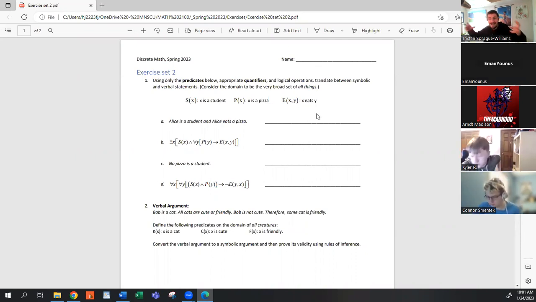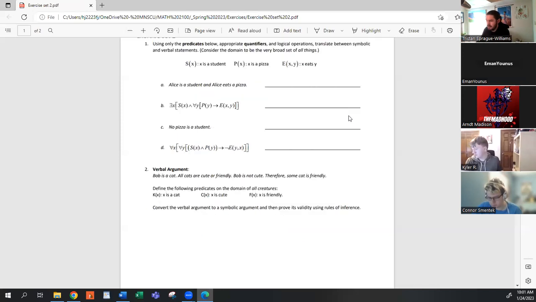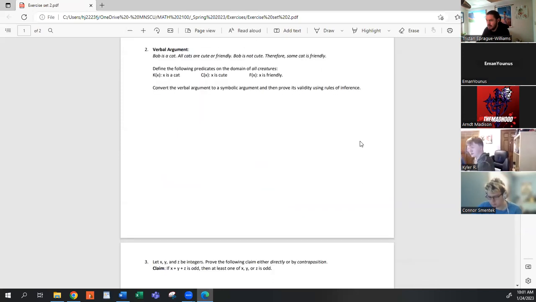So sometimes you have to have nested quantifiers. Okay, just keep that in mind as you go. And then the verbal argument here, the proof of this argument, is also going to involve quantifiers and predicates. So just pay attention to those as well.